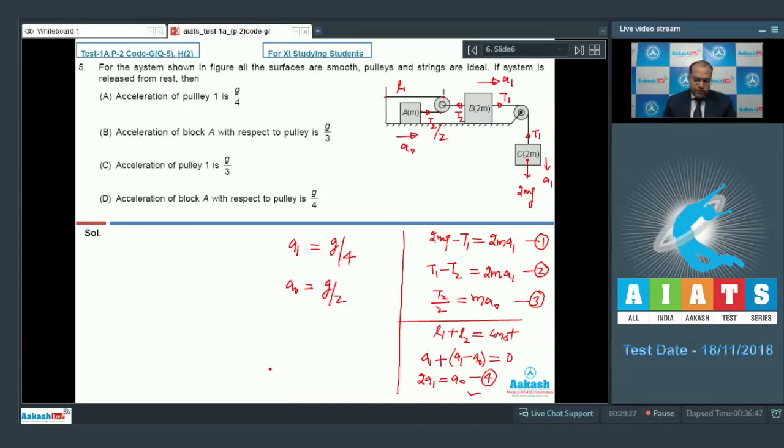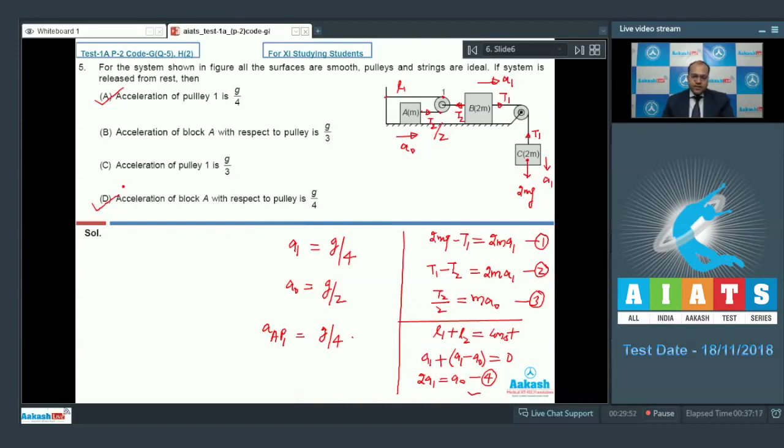So if I find the acceleration of block A with respect to pulley 1, because the other pulley is non-movable, I will find that it is equal to g by 4. So option A is correct and option D is also correct. So the correct answers for question number 5 are options A and D.